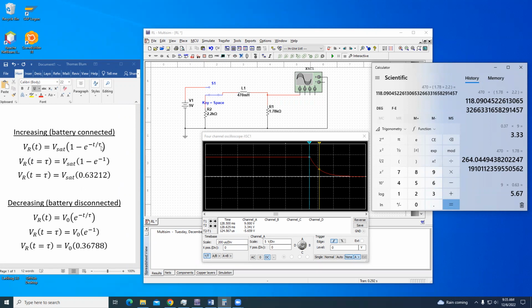So this parameter here is called tau, the time constant, and it corresponds to when we get to 63% when we're going up, and it corresponds to 37% when we're going down. And there can be different components in the circuit in going up and going down. So that was also demonstrated here. All right, thank you for your attention.